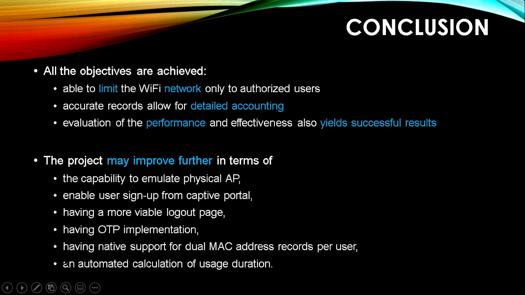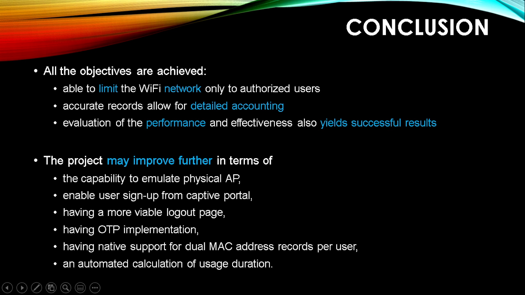So next and lastly, an automated calculation of usage duration. As you can see before, during the testing, the exact time of when they log in and also the last activity, the time is so detailed and so accurate down to the seconds. But even in the detailed log of the admin, there is no calculation.